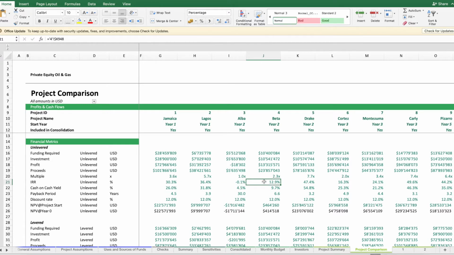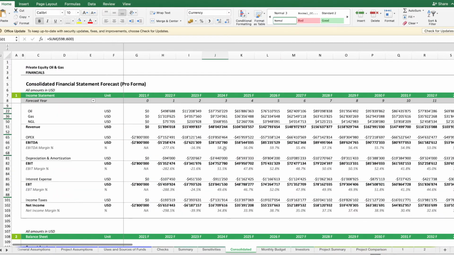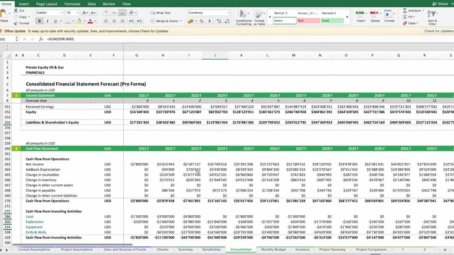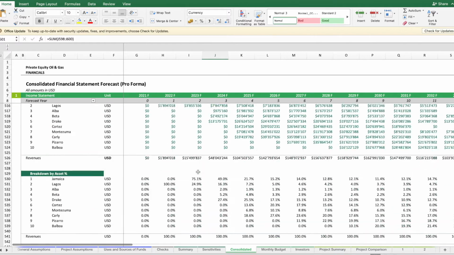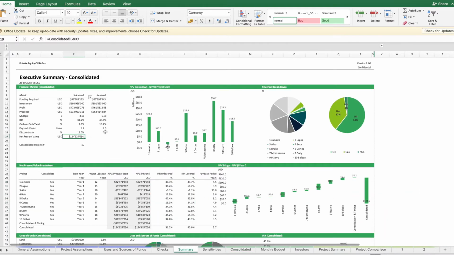And this brings us to the consolidated financial plan. What we are going to do is use one sheet where we pull together all these projects. These are a lot of tables, so we have all the calculations here, but let's work with the summary sheet.